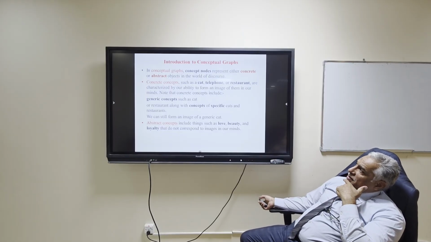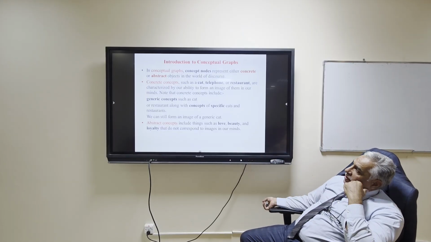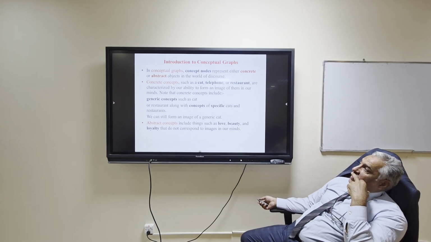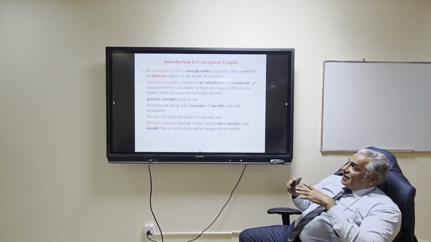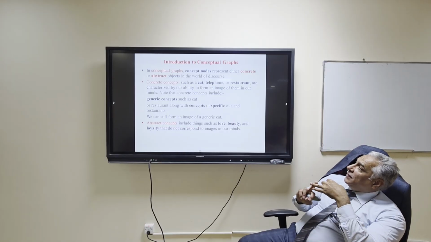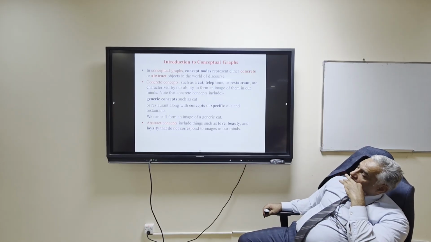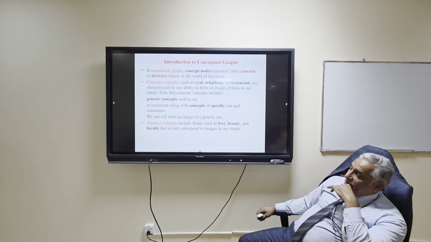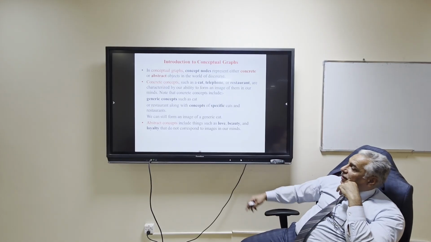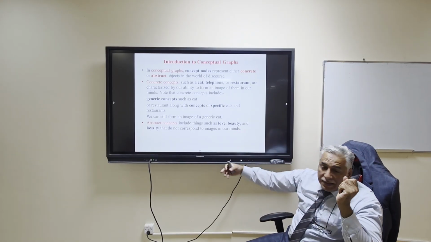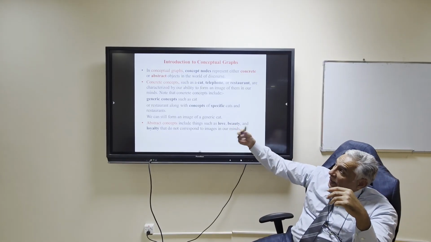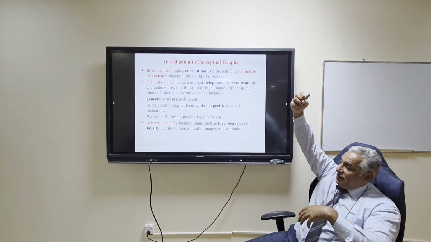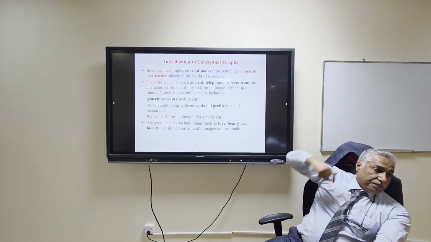In conceptual graphs, concept nodes represent either concrete or abstract objects in the world of discourse. Concrete concepts such as cat, telephone, restaurant. And abstract concepts include love, beauty, loyalty, and so on. Now, these two kinds of objects are represented by concrete concepts and abstract concepts.